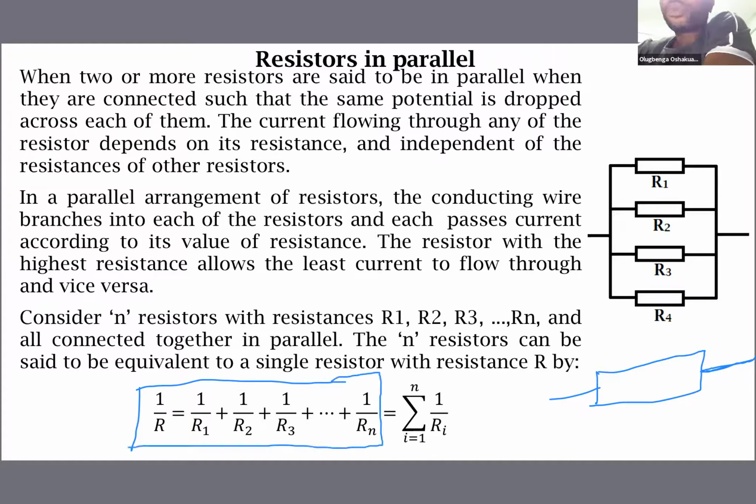What is the total resistance for these 4 resistors? 1 over R total is equal to 1 over R1 plus 1 over R2 plus 1 over R3 plus 1 over R4. So we do primary school mathematics and we obtain R total. So let's move forward.